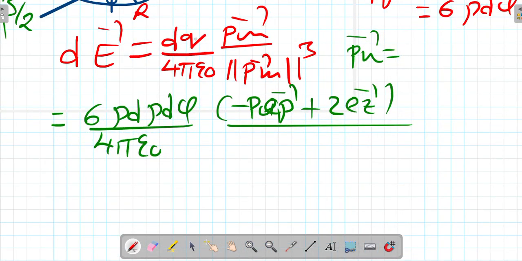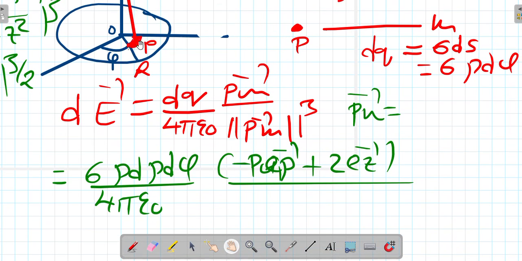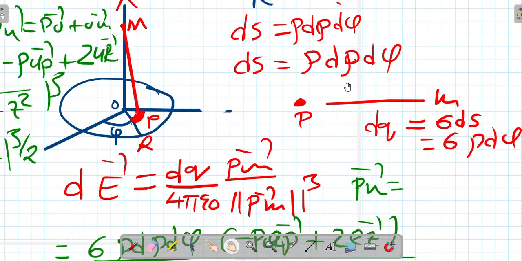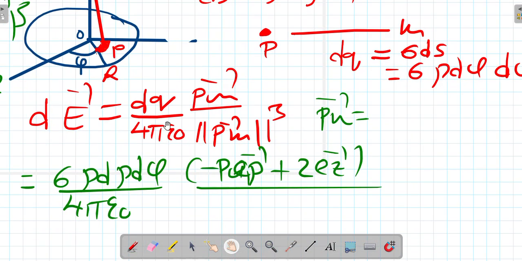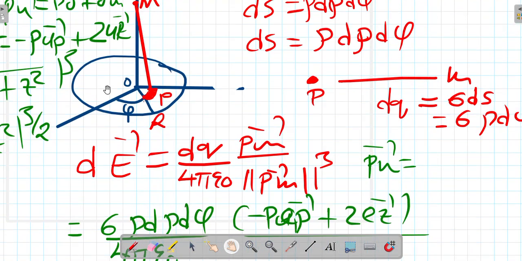So this is the direct calculation. You first find an expression for dq. For that, you need to know the surface density and what your dq is on the surface. dq was given by sigma, the surface density, multiplied by the surface, which is ds. You know the expression for ds, so you just put it here in dq. Then you find PM, as simple as that.